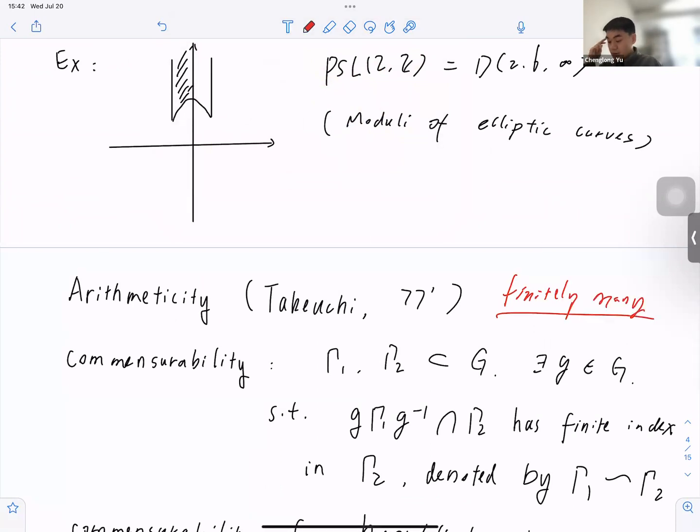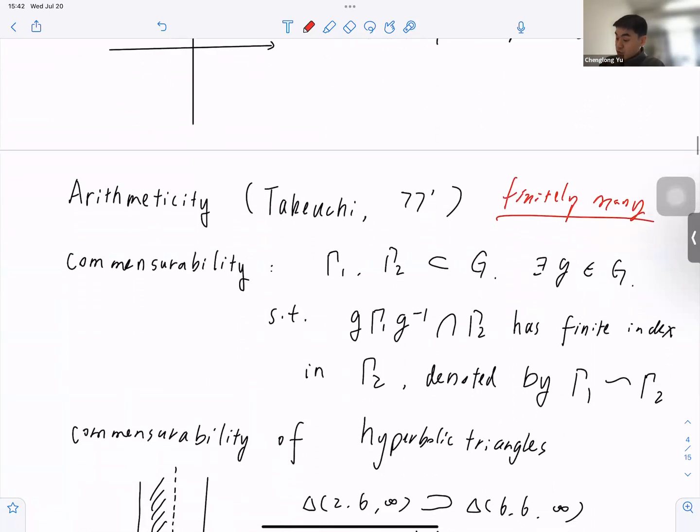So those groups are arithmetic, and all the others are non-arithmetic groups in PSL2R.